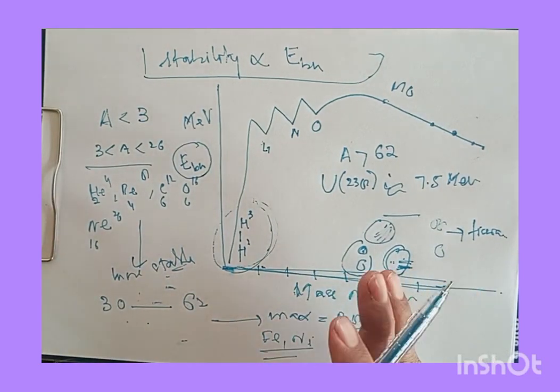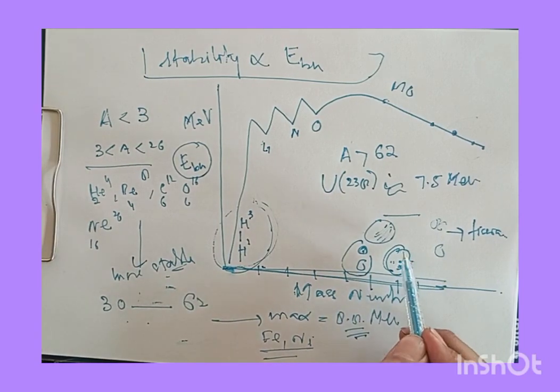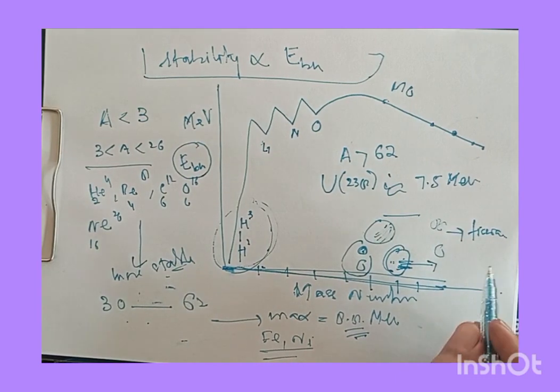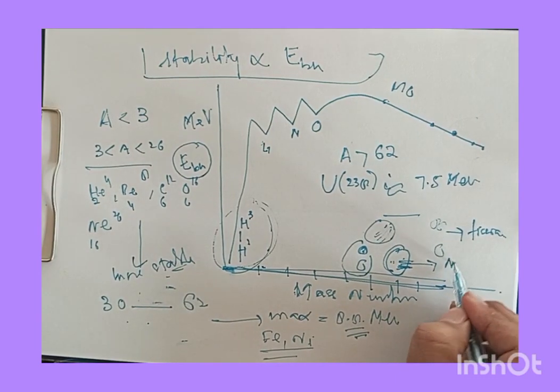In other words, the nucleons of the fused heavy nucleus are tightly bound, the reverse of fission. Thus energy is released in this process, and this process becomes the basis of what is called nuclear fusion.